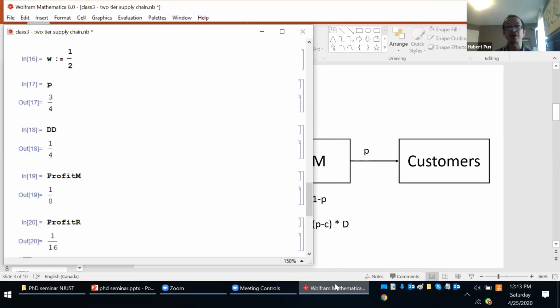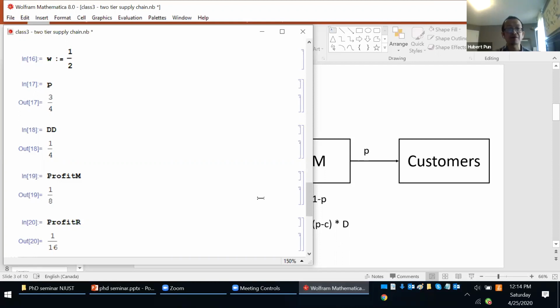With a higher price, the demand decreases. For a single tier supply chain, the demand is 0.5. Now the demand becomes 1/4, which is 0.25. For a single tier supply chain, the manufacturer has a profit of 1/4, which is 0.25. Now, the manufacturer has a profit of 1/8, which is 0.125.